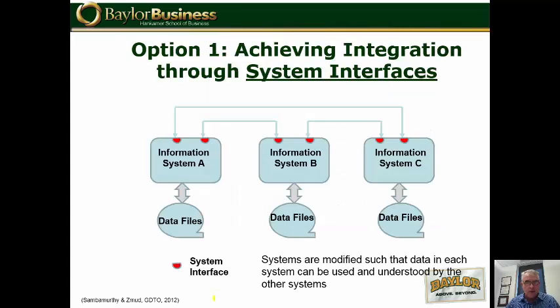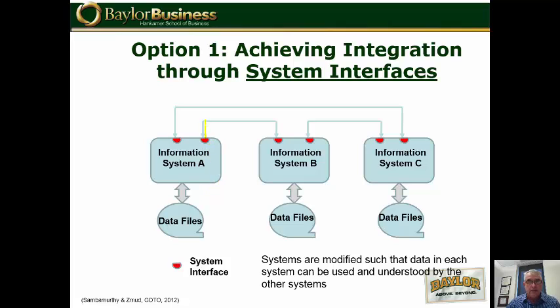So one thing that organizations have done to try to integrate their systems is building system interfaces called middleware. In the Vermont Teddy Bear case we're going to look at, they had purchased best-of-breed software from different vendors over time for the different functional areas of the business, and they didn't want to get rid of those systems.